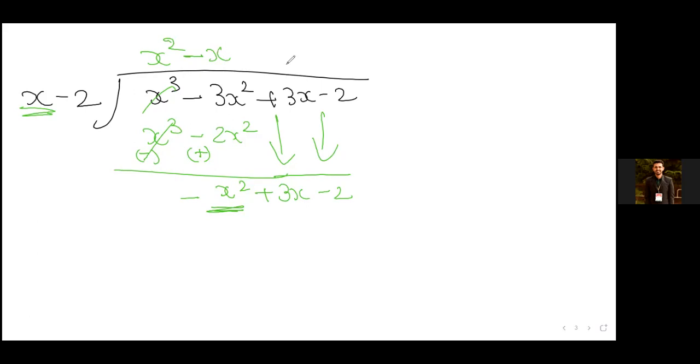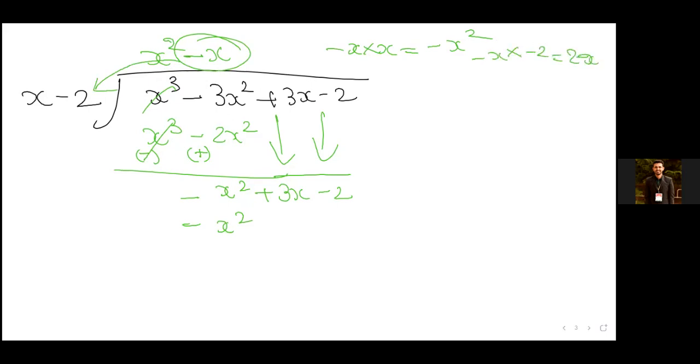You multiply minus x into x, you obtain minus x square. Also multiply minus x with minus 2, minus x into minus 2. This will be plus 2x.